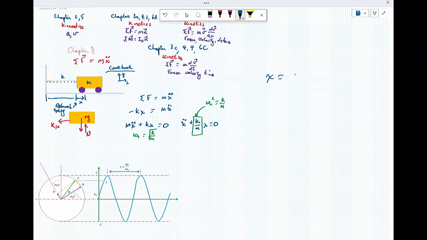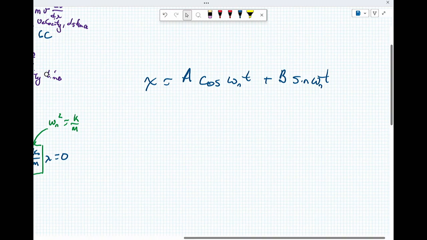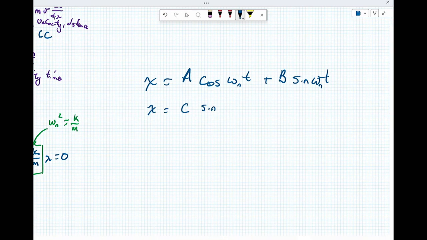So x is equal to A cos omega n t plus B sine omega n t. I can also rewrite this as C times sine of omega n t plus psi, just a phase lag.